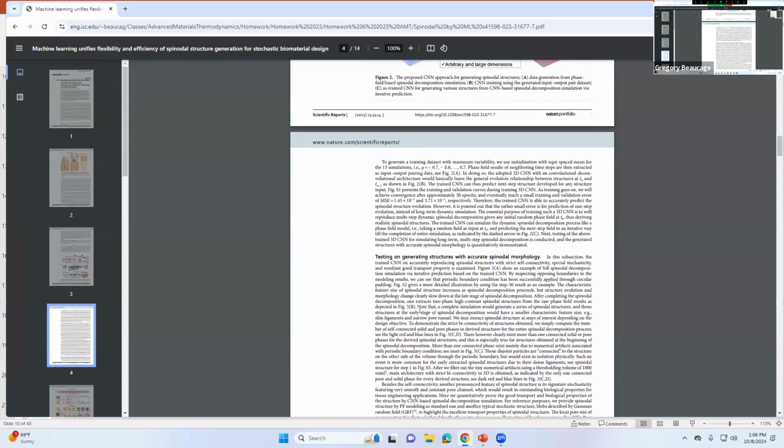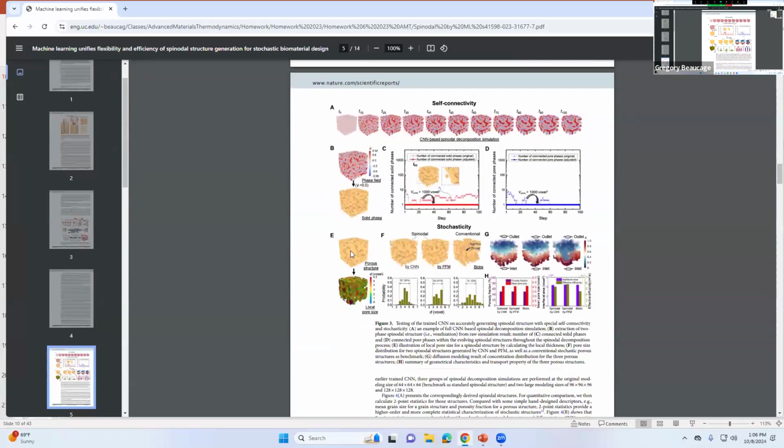So basically he's looking for a gradient, and he wants a spinodal structure because it's bicontinuous, so that he can wash out the second phase that forms here. He has the solid phase and some kind of liquid phase that can dissolve in acid or something like that. Once he dissolves the inner phase, you can have this porous structure that tissue can go into. Right. So that's the aim here.